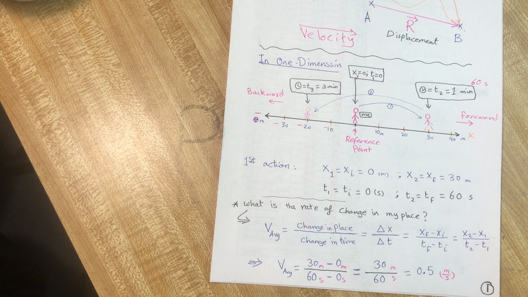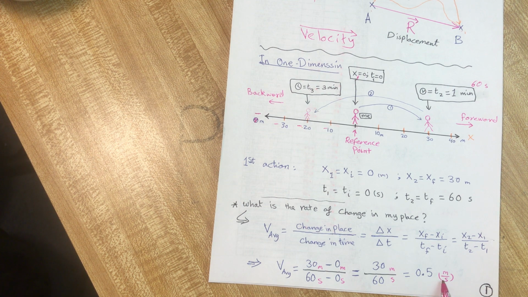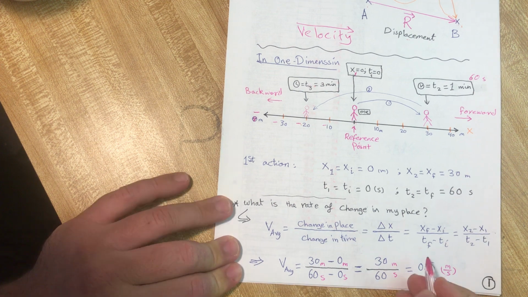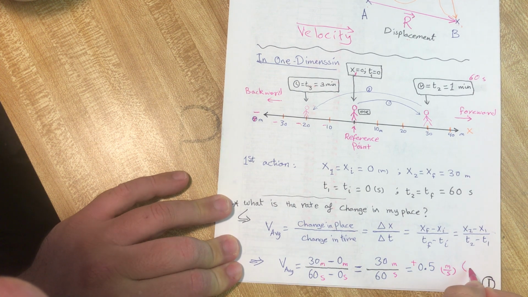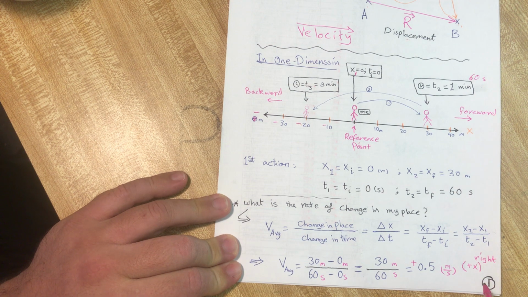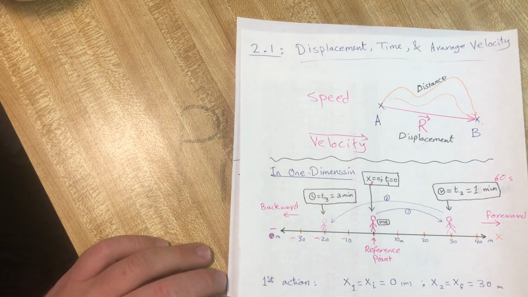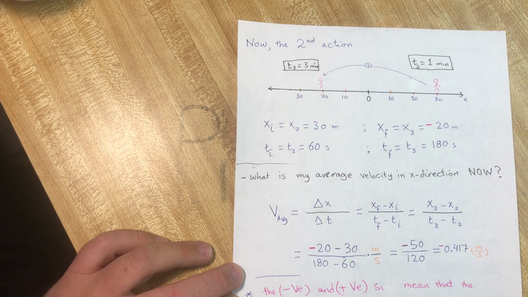The final step is to find the result with the units, and we need to know where is the direction of our motion. It is positive here, that means it is in the positive x-axis or to the right, or forward.